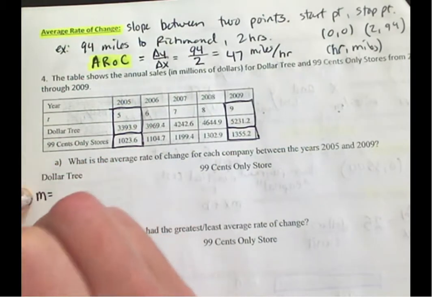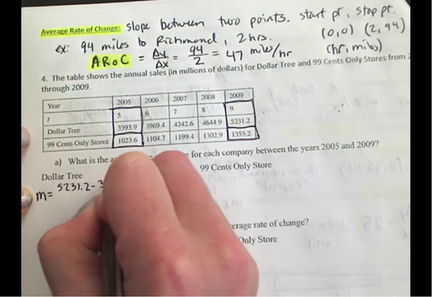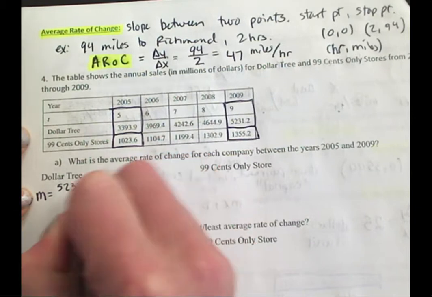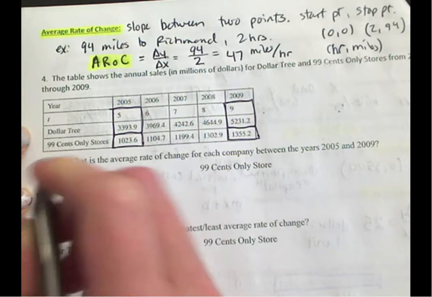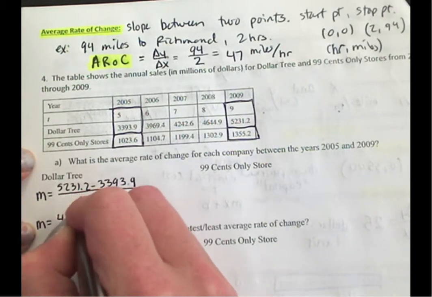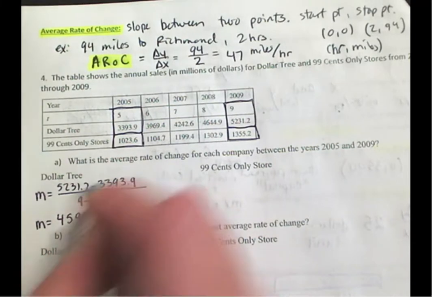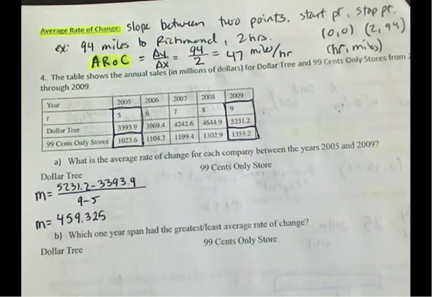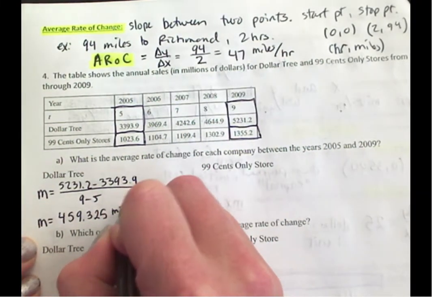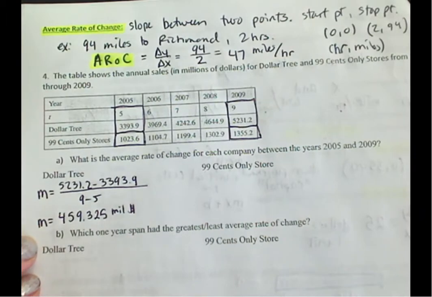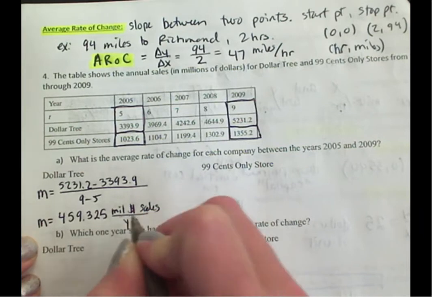Slope equals 5231 minus 3393, millions of dollars in sales per year.